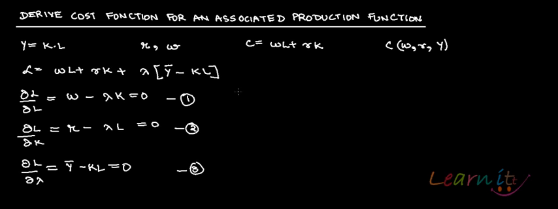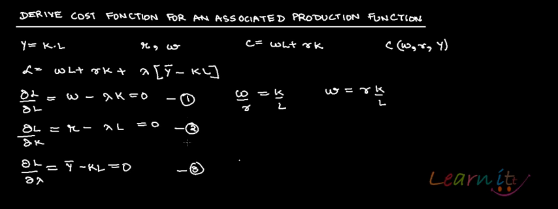Dividing the first by the second, what you get is W by R equals K by L. Then you will substitute it back into the third one.